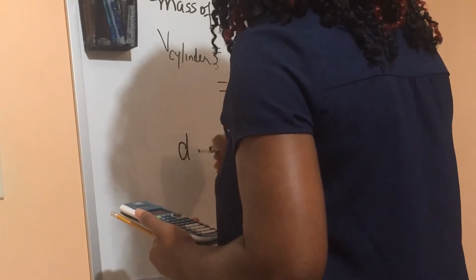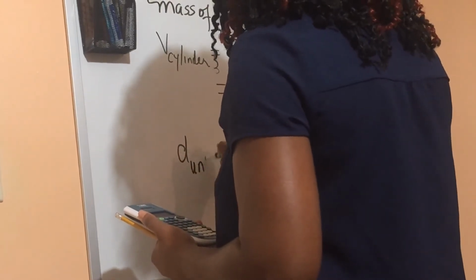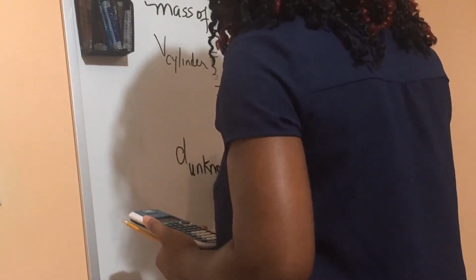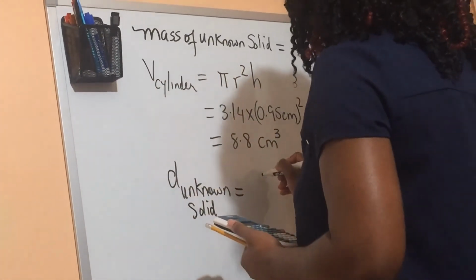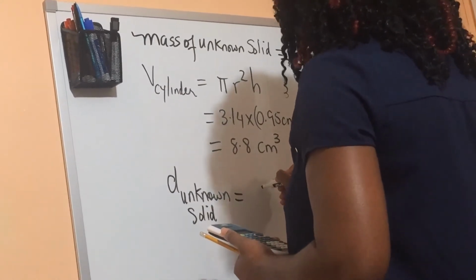The density of the unknown solid is equal to mass over volume.